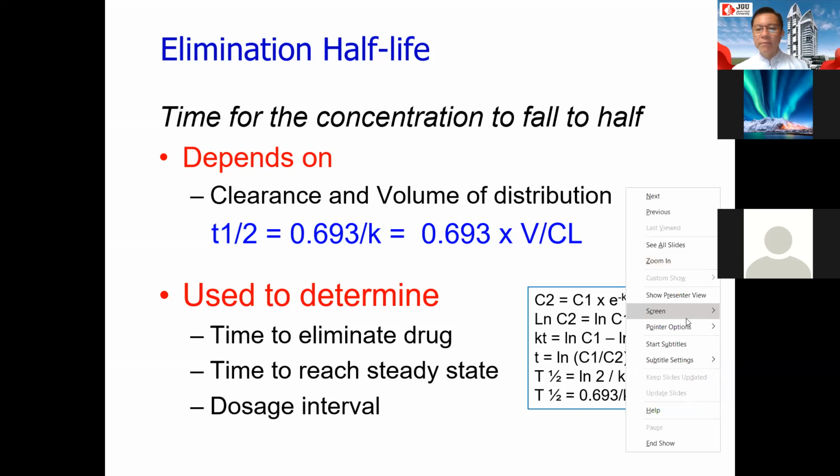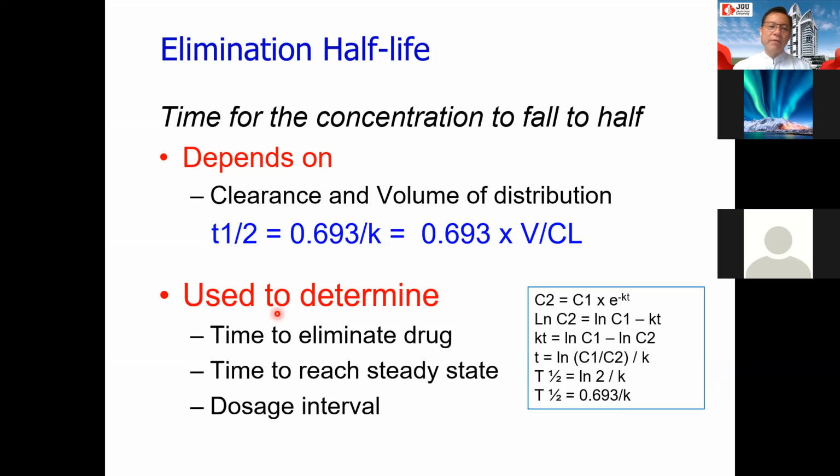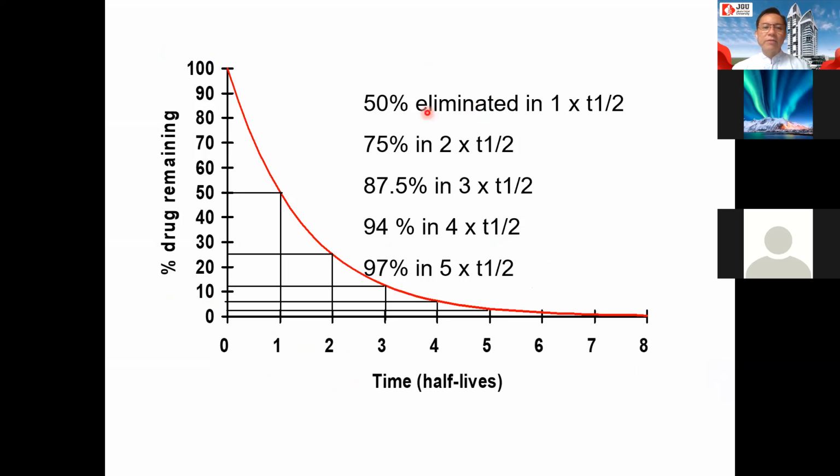Now, we use this to determine the time to eliminate the drug, time to reach steady state, and dosage interval. So, time to eliminate: after 1 half-life, 50% will be eliminated.